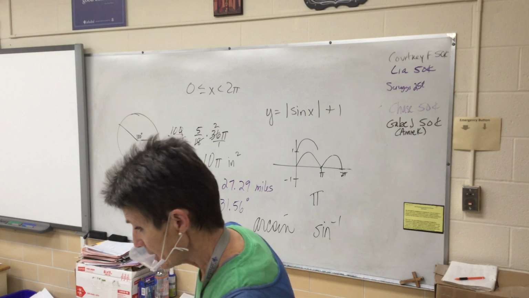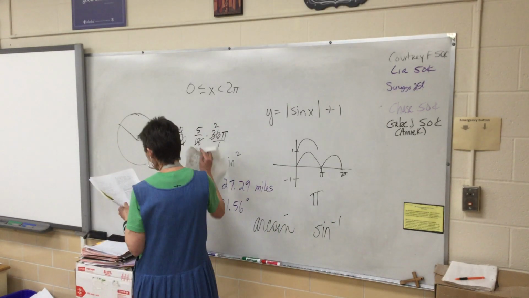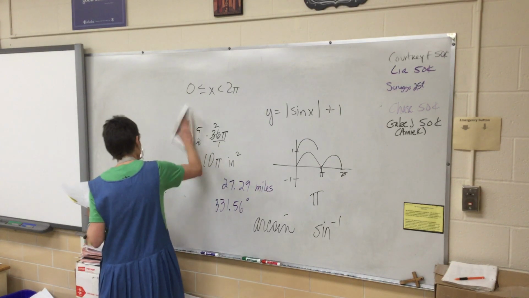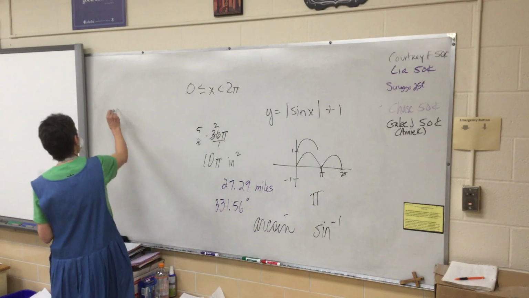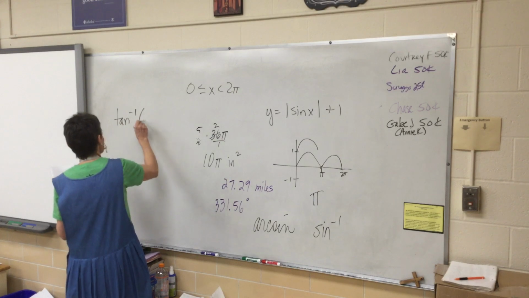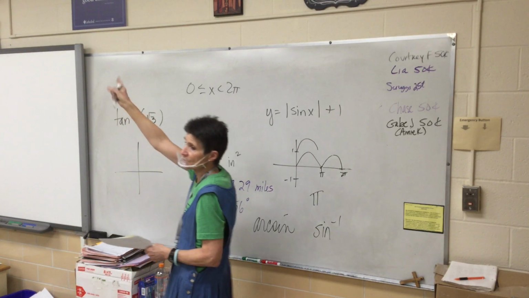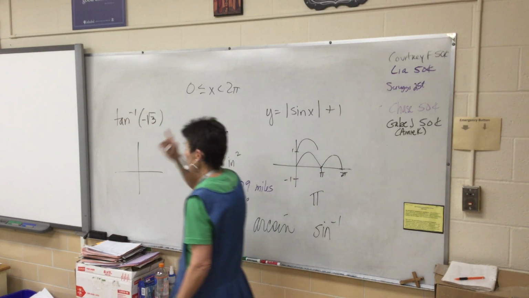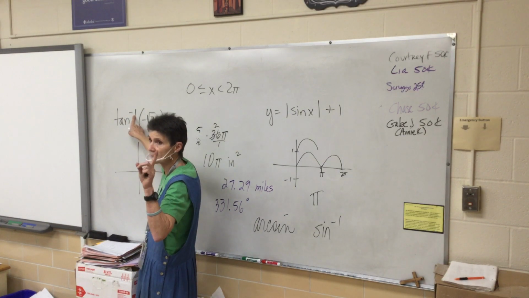22a. Find the exact value of the angle whose tangent is negative √3. Remember, this means the angle whose tangent is. So, there is one answer to this question. You have to know the rules. When you see this notation, you know there's one answer.